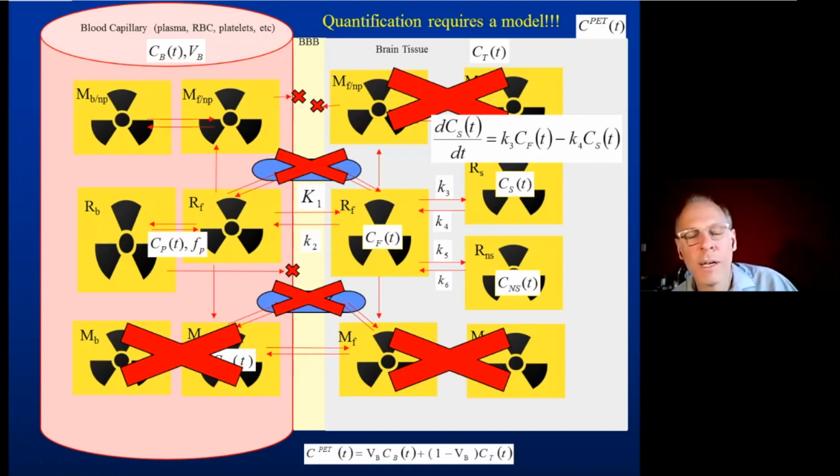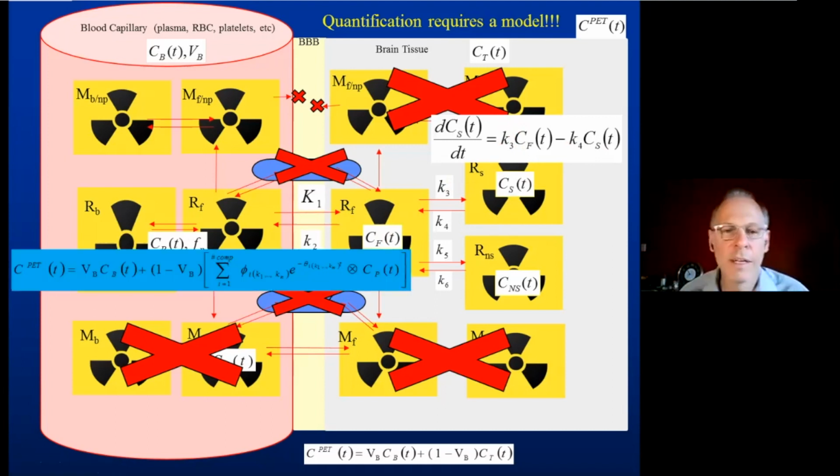If we write several differential equations like that, it's actually quite easy, provided that you know the Laplace transform, to come up with an expression like this one that I have here. And these equations say that the time activity curve can be expressed as a function of the activity in blood that we measured before in the previous slide, the activity due to unmetabolized radioligand in plasma, and the rate constants K1 to Kn.